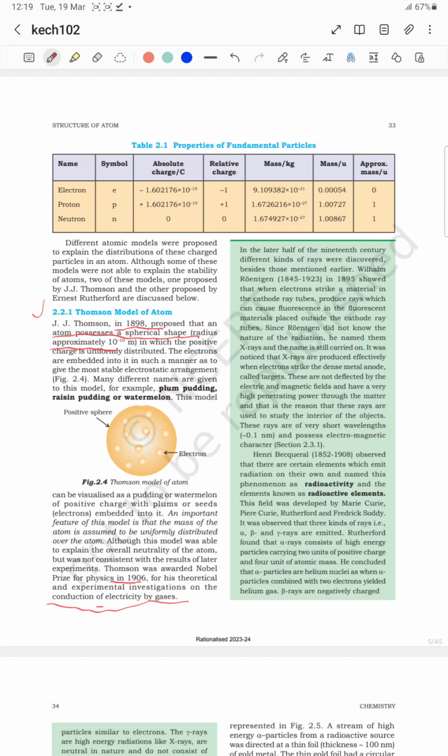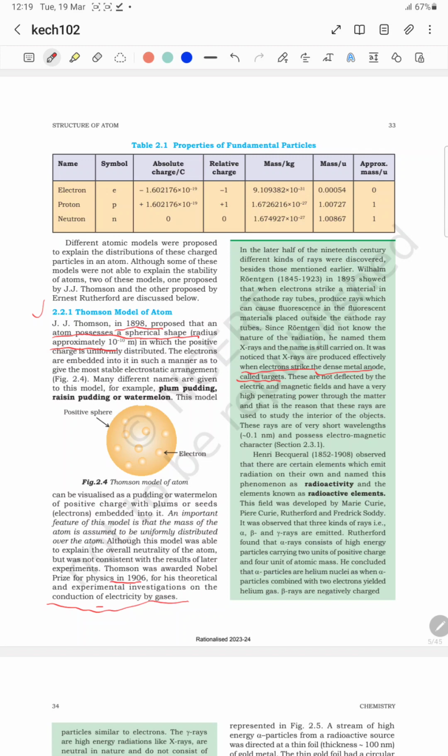Since Röntgen did not know the nature of the radiation, he named them X-rays, and the name is still carried on. It was noticed that X-rays are produced effectively when electrons strike the dense metal anode called targets.